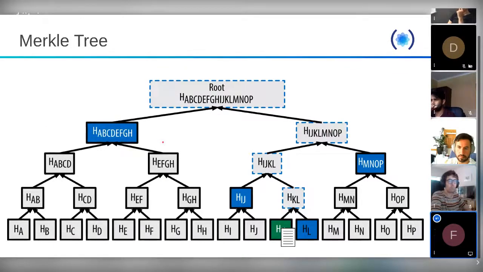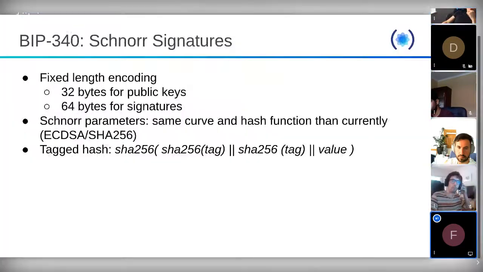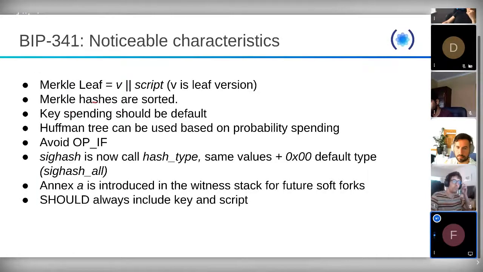So it means that you can work with probabilities. The least likely way for me to spend is going to cost me the biggest transaction. But again, it's all on the witness stack, so it's not part of the transaction with SegWit. So that's called a Huffman tree.